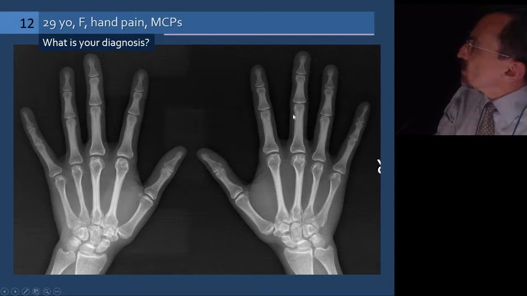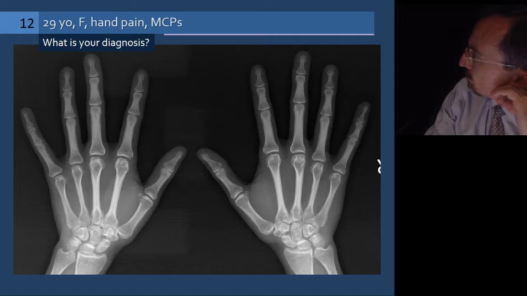Okay, this brings me to my next question, and I don't know if we have put this in the system, but if you look at the images here, what would be your diagnosis? This is a 29-year-old lady with hand pain at the region of the MCPs.